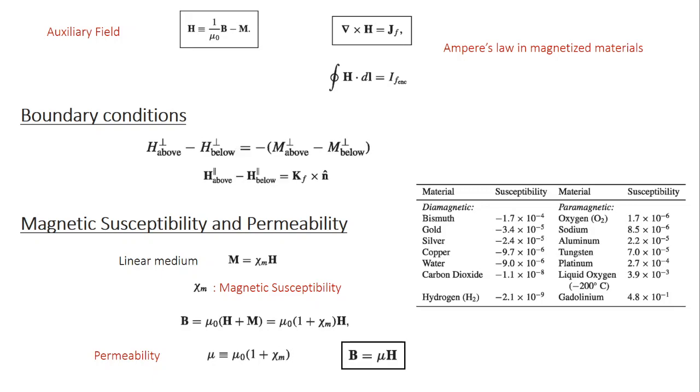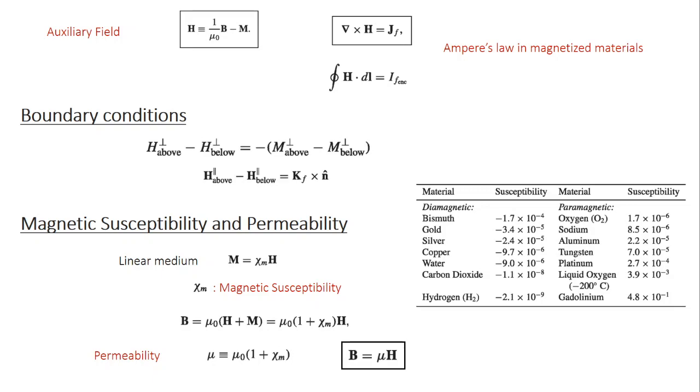Now usually if you look at the utility point of view, the electric field E is more useful than the displacement field D, because how do you generate an electric field? You apply a potential or a voltage, because voltage is something which you can directly measure, and once you know voltage or potential, you can easily calculate the electric field. On the other hand, if you want to calculate the displacement field, then you should know more details about the material under study. In the same way, suppose you want to make an electromagnet.